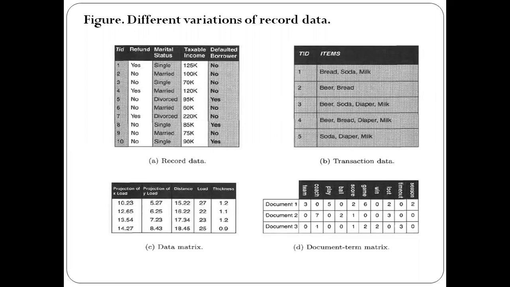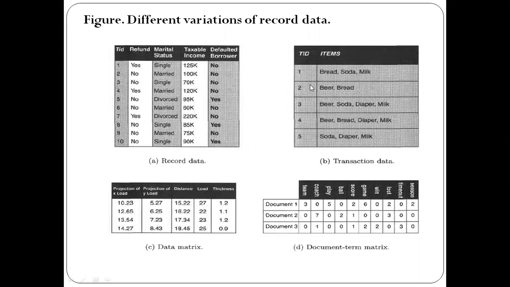This transaction or market basket data will be collected at the grocery point of sale, in your grocery stores. So this kind of data will be collected. The data here is nothing but the set of items or products purchased by the customer while they are shopping.